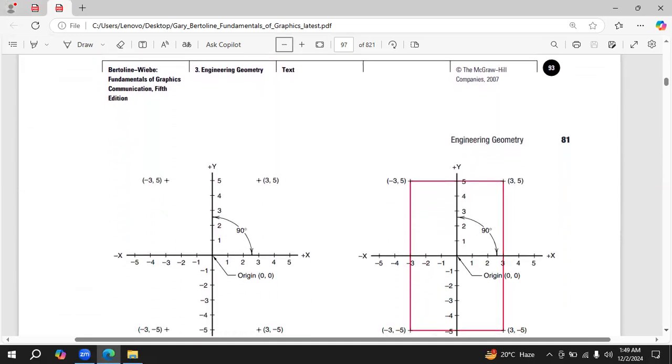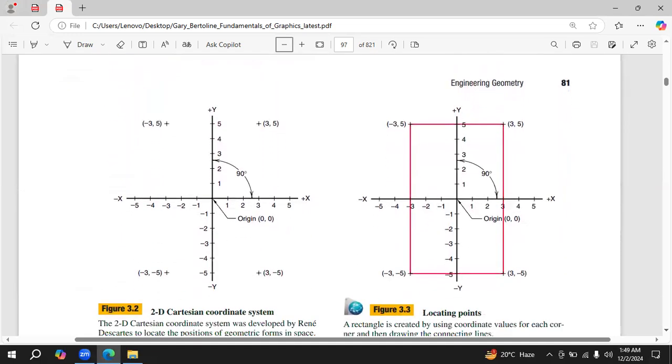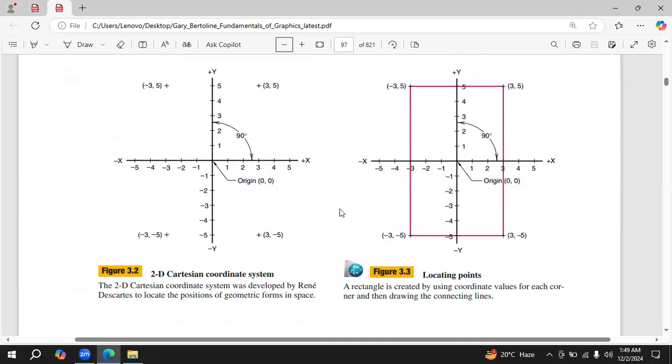let me show you this. The 2D Cartesian coordinate system. This is a setup where, when you work in a 2D space, you have only two axes, the x-axis and y-axis, because any two axes are enough to make a plane.